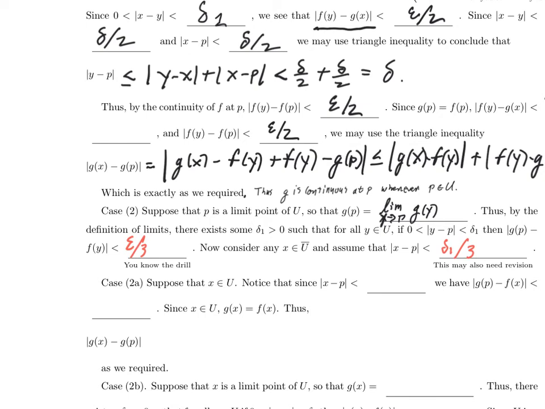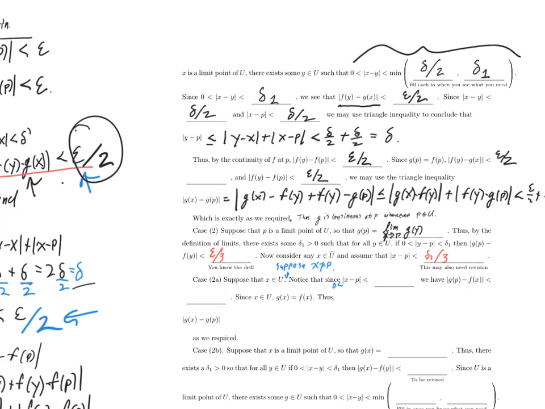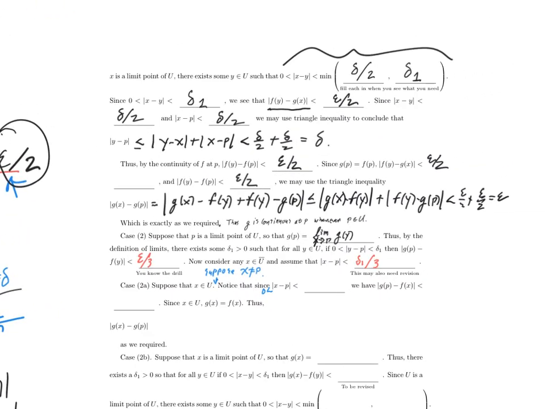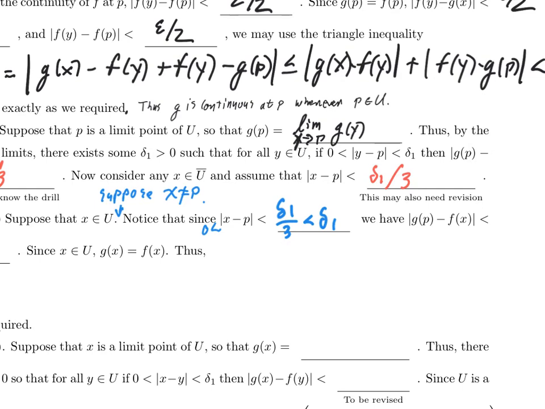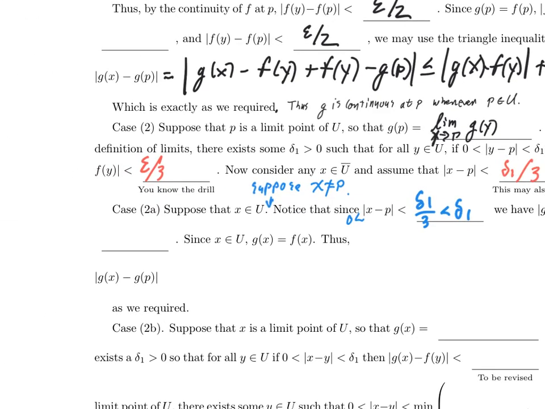Let's add a few corrections. So let's suppose x is not equal to p. Well then, since 0 is less than absolute value of x minus p is less than delta 1 over 3, which is less than delta 1, we conclude that the absolute value of g of p minus f of x is less than epsilon over 3, which in turn is less than epsilon, as we need.